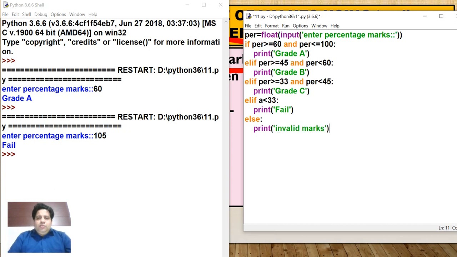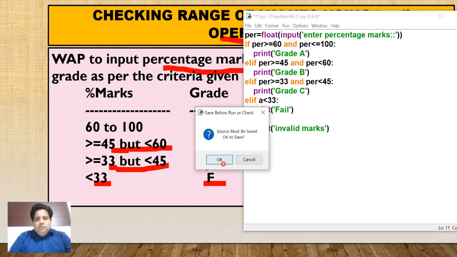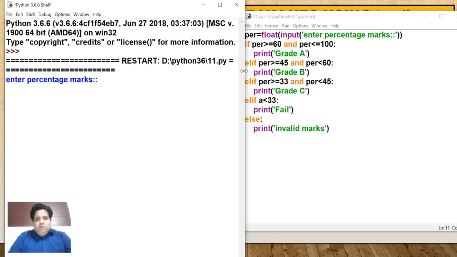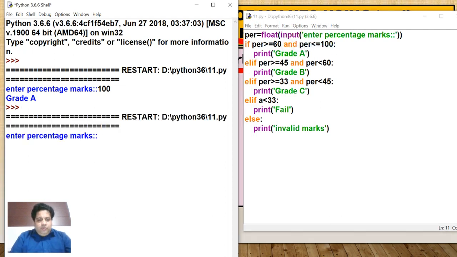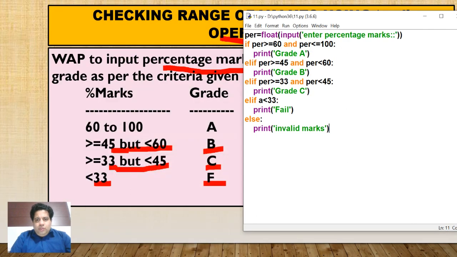Now this is a better program. This is a much better program. Now again run the program. If someone gives 100, grade A. Again run the program. Now suppose someone gives 105. Sorry, I am writing A here, it should be per. Okay, I have taken the variable name as per.